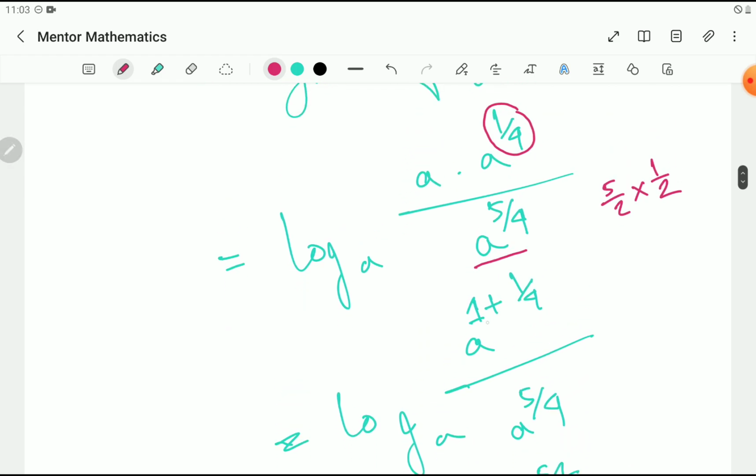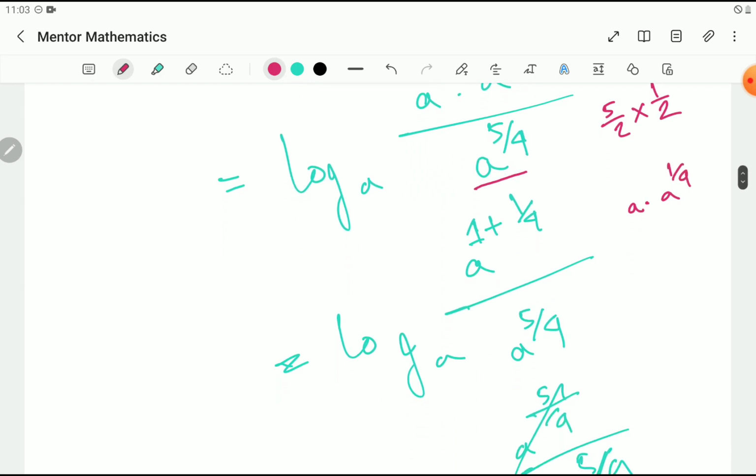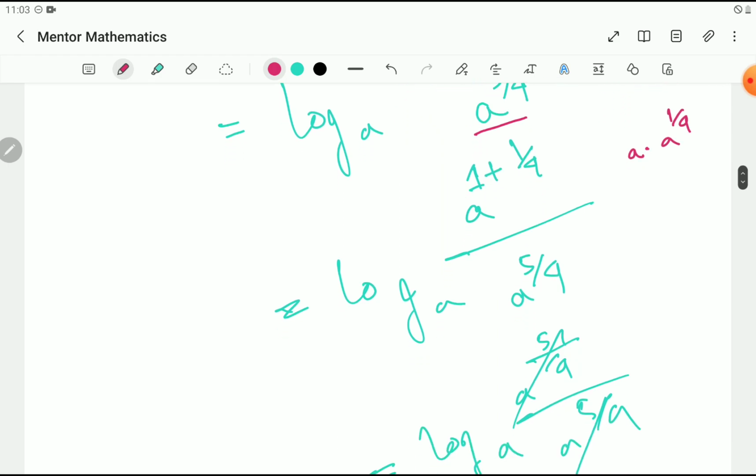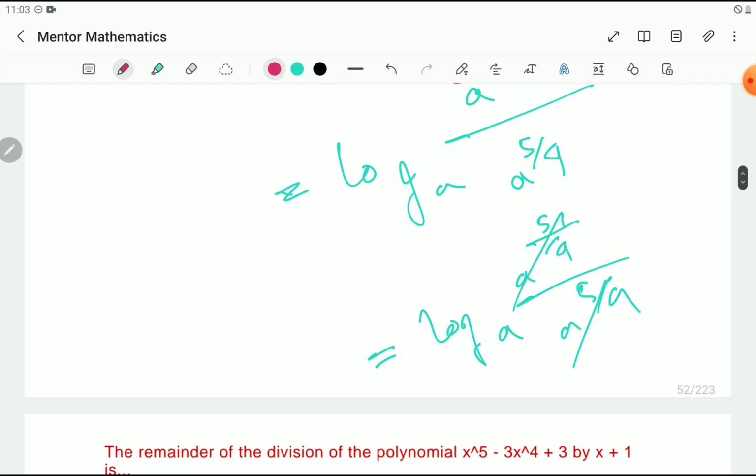As the base is the same, we can simply apply the logarithm formula, then it becomes 1 plus 1 by 4. Finally we get 5 by 4 here.